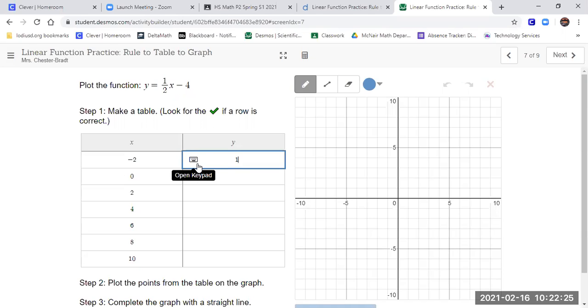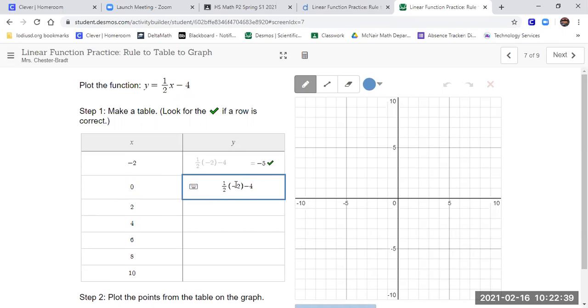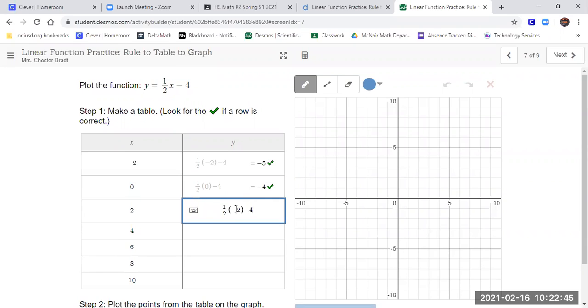So 1/2, arrow off, times negative 2 minus 4 more. That's the equation they told us. And then we're copying and changing the negative 2 to the 0 and so on. The only thing changing is what's in parentheses, changes to the x they told us.